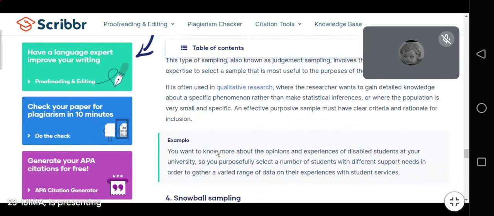An example here is you want to know more about the opinions and experiences of disabled students at your university. So you purposely select a number of students with different support needs in order to gather a varied range of data on their experiences with student services.